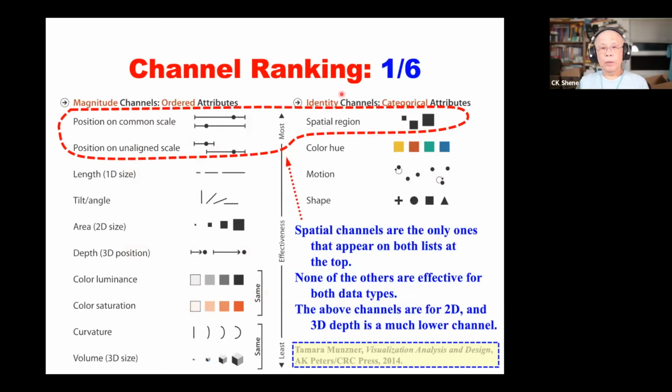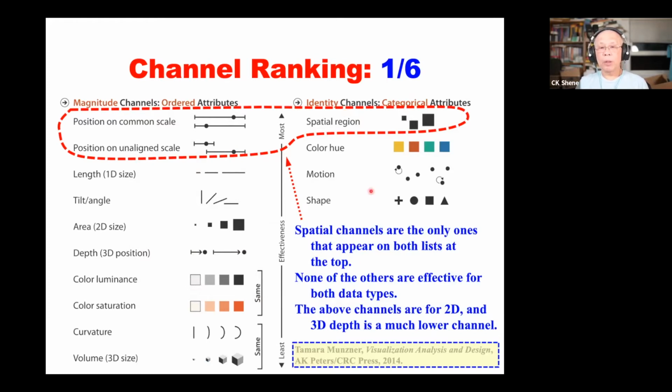Then we try to answer what kind of channel would be better than the others. Now, the left side has the magnitude channels. That is for ordered attributes. The right-hand side has the identity channels for categorical attributes.